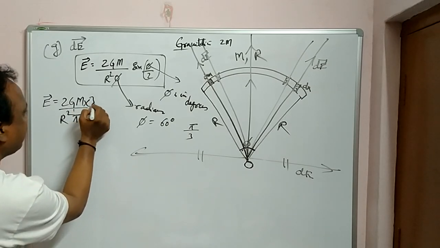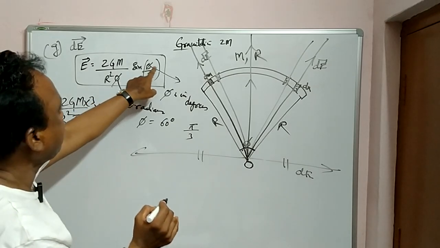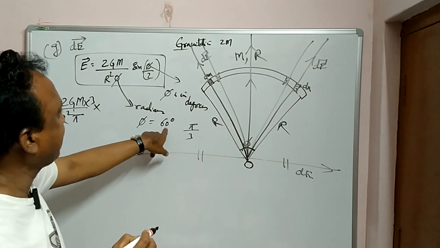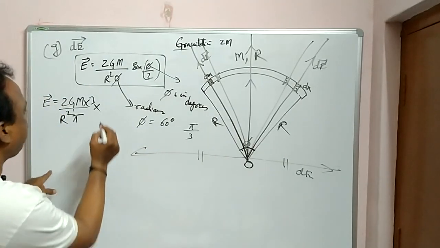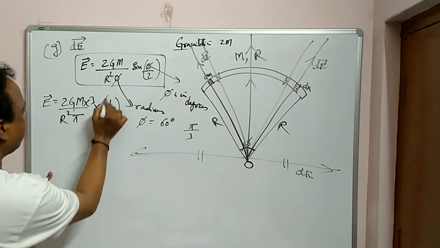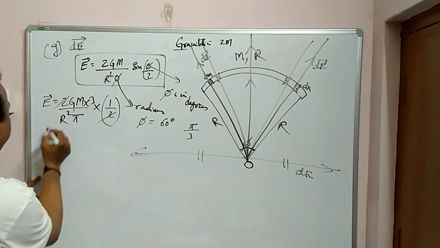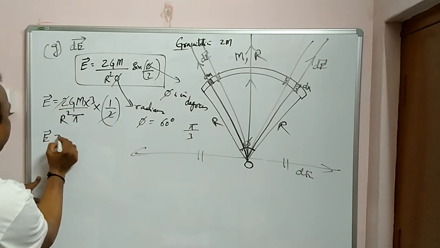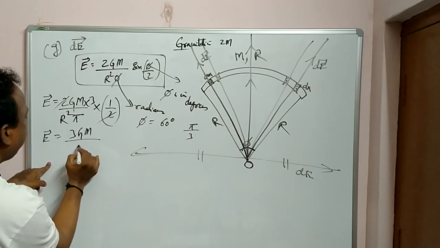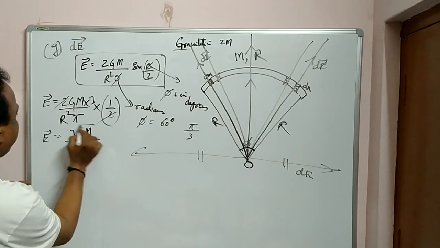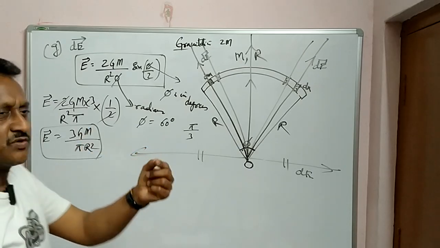The 3 goes up, into sin phi by 2. Phi is 60, so 60 by 2 is 30 degrees. What is sin 30 degrees? Half, 1 by 2. So this 2 gets cancelled. Finally, E bar is equal to 3GM by pi r square.